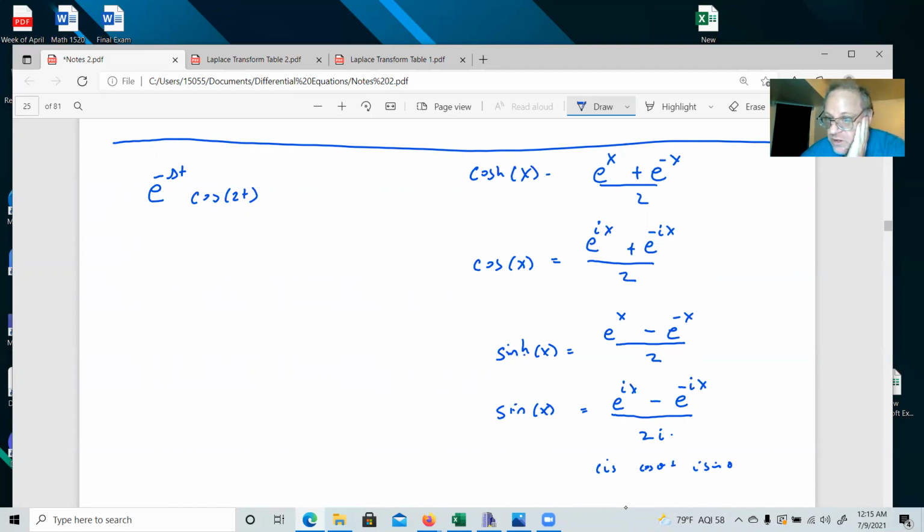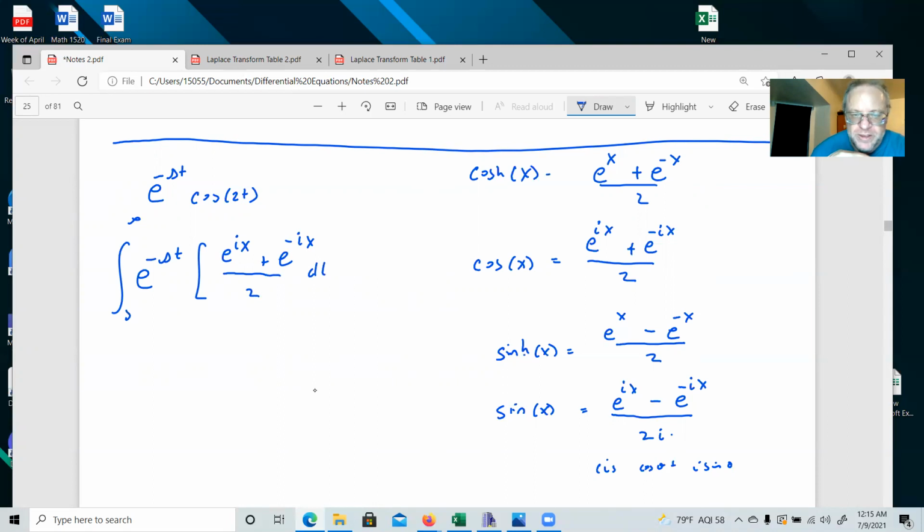Now, we can use this, okay? i is a constant. So if I want to deal with cosine of 2t, we can say this is e to the negative st, we're going to integrate from 0 to infinity. And instead of doing that, we can say, well, this is going to be e to the ix plus e to the negative ix over 2. I'm sorry, t's. Let's go back to t's.